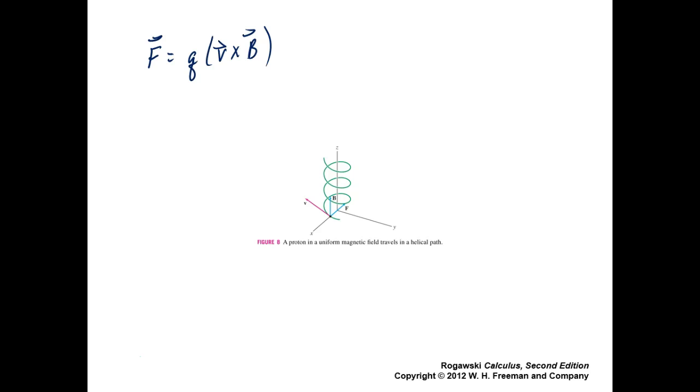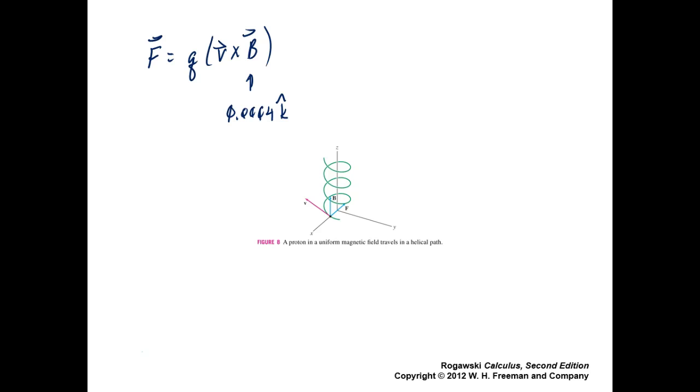Okay. Calculate F if B is 0.0004 K. So the B here is 0.0004 in the K direction. That's your B down there.